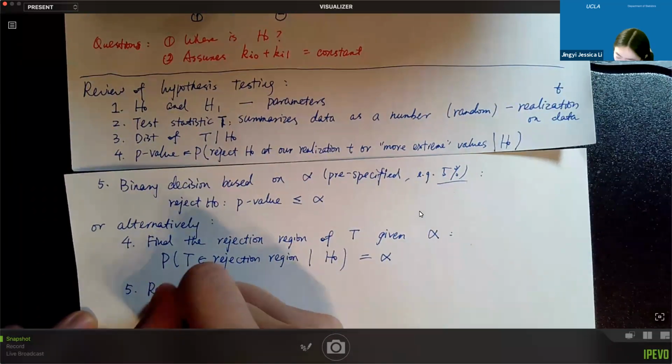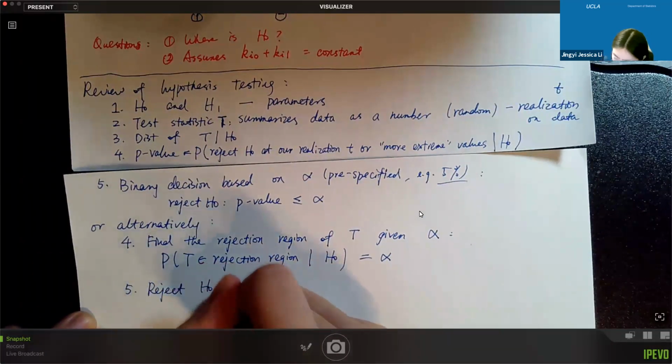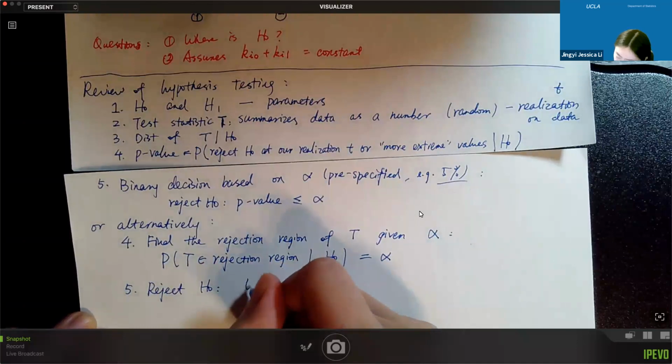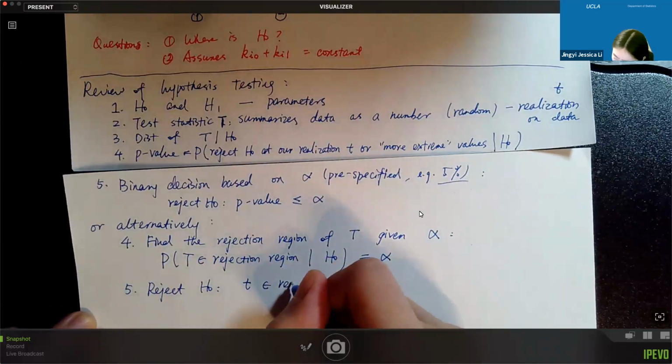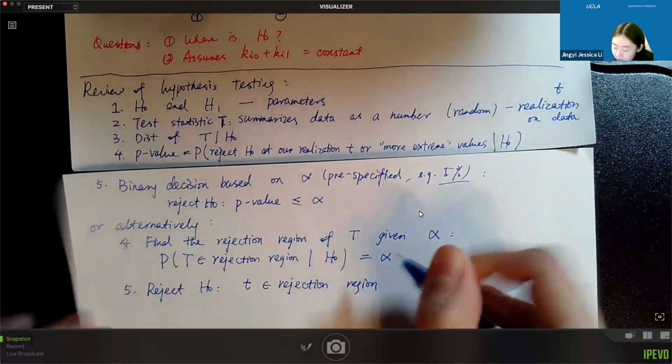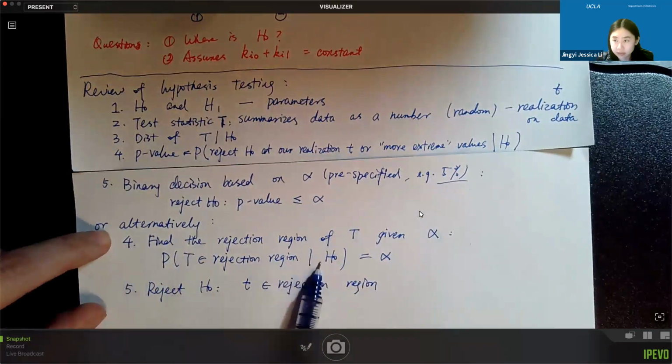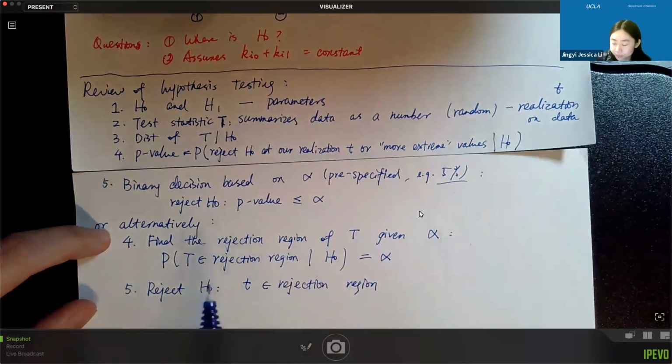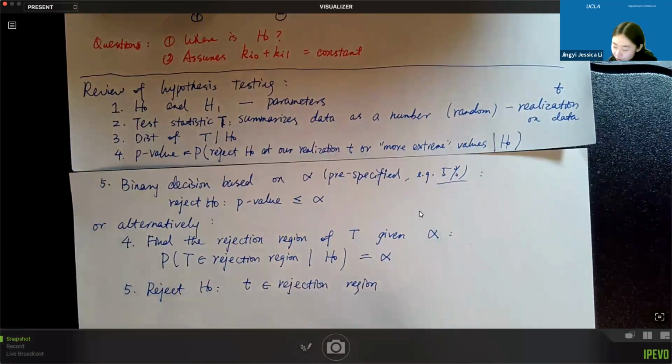You would reject the null hypothesis if the realization is in the rejection region. I would say this alternative way is actually easier to understand for beginners. That is, this alpha is what you call the type 1 error of the test that you can tolerate.